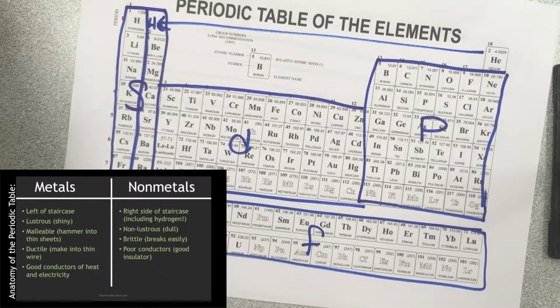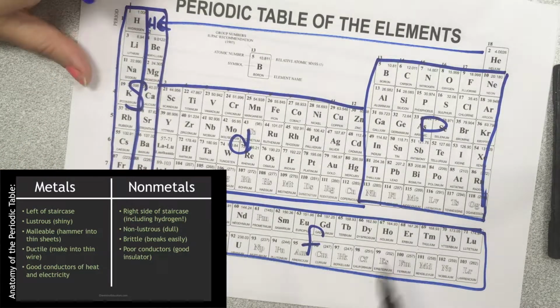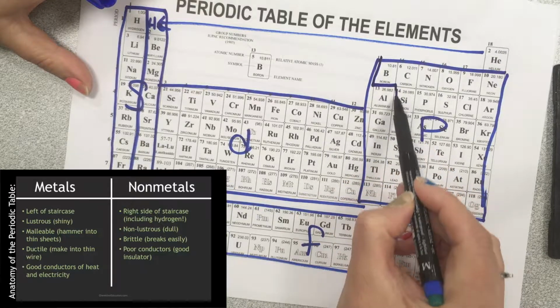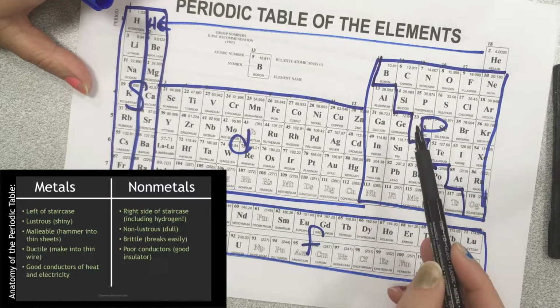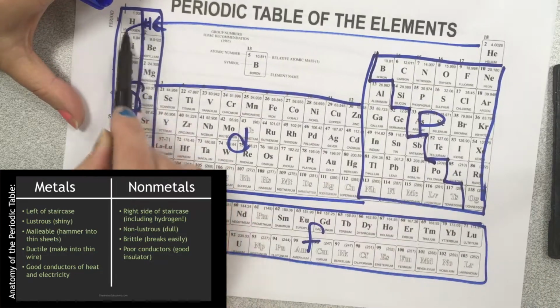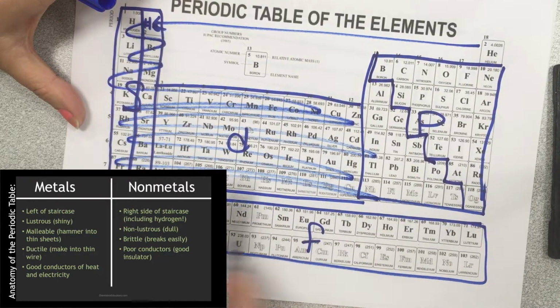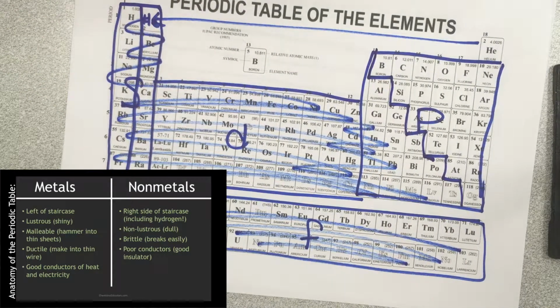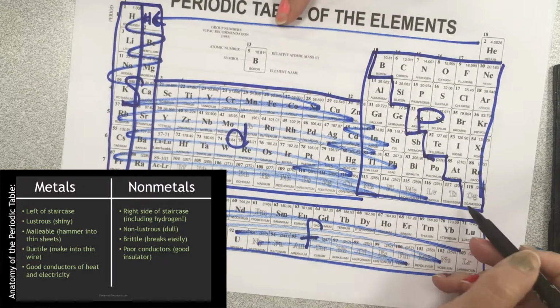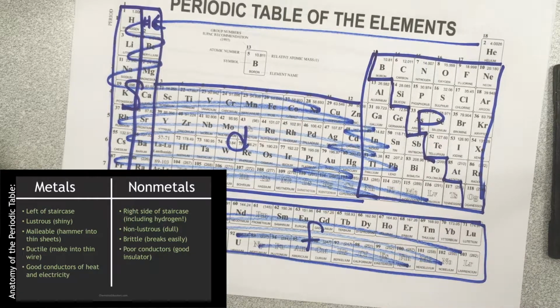Okay, and they're located to the left of the staircase. So here's the staircase we're talking about right here. You just draw a staircase right there. And then all of these are considered metals, okay? These guys too. So those are to the left of that staircase. This is the staircase I'll show you in the next slide, actually 2 slides.